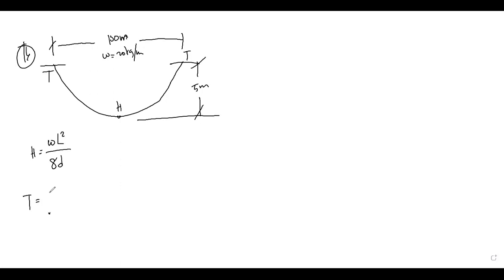Tension, on the other hand, is the square root of omega L over 2 square, plus H square. Okay, so we begin by writing the variables. L is equal to 100 meters. That's the distance between the supports and horizontal distance. D is 5 meters.